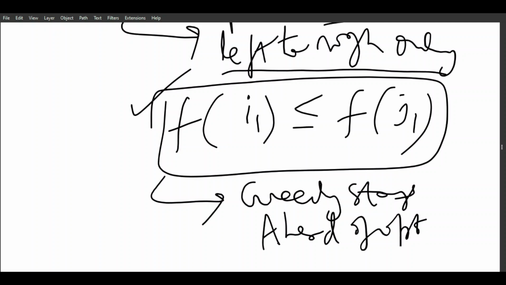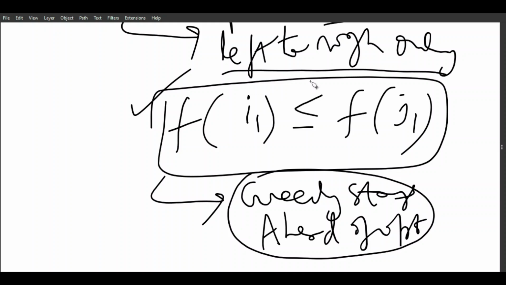So this we will prove in general. This is already proved for the first interval, and it is obvious because of the greedy algorithm.